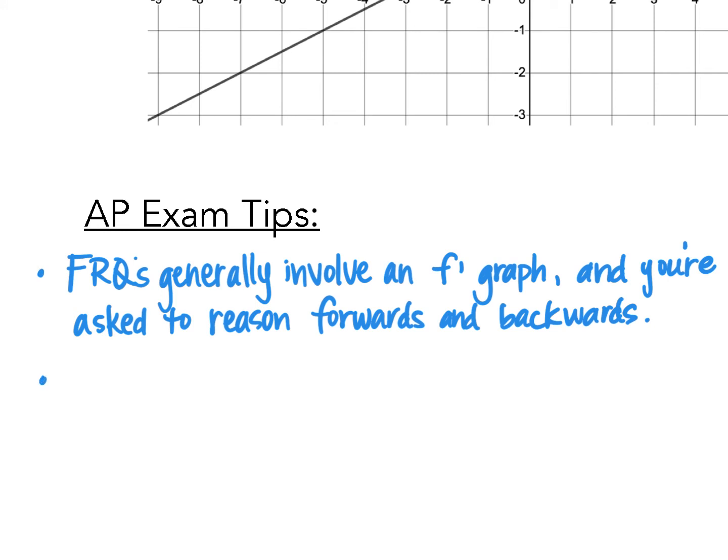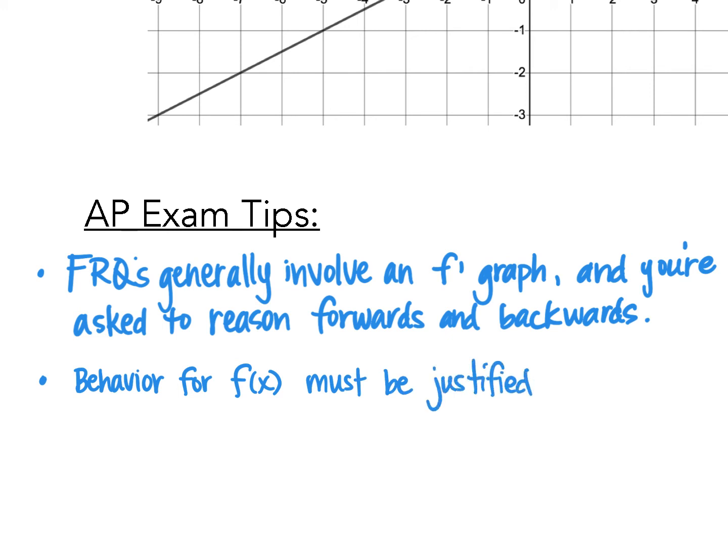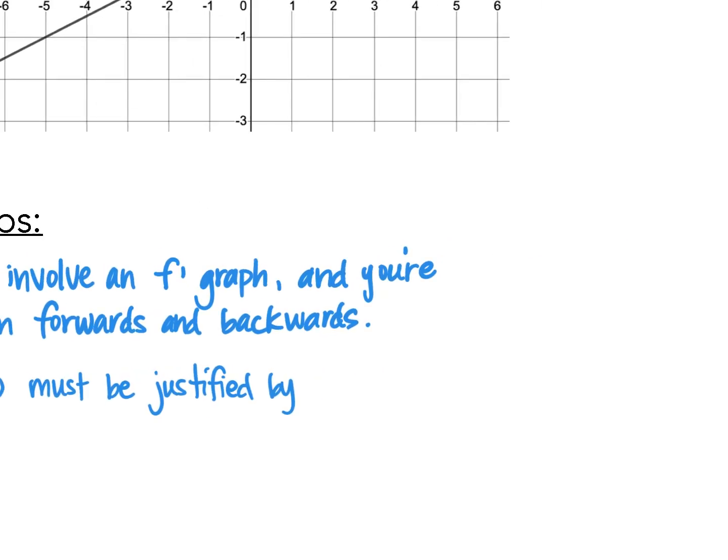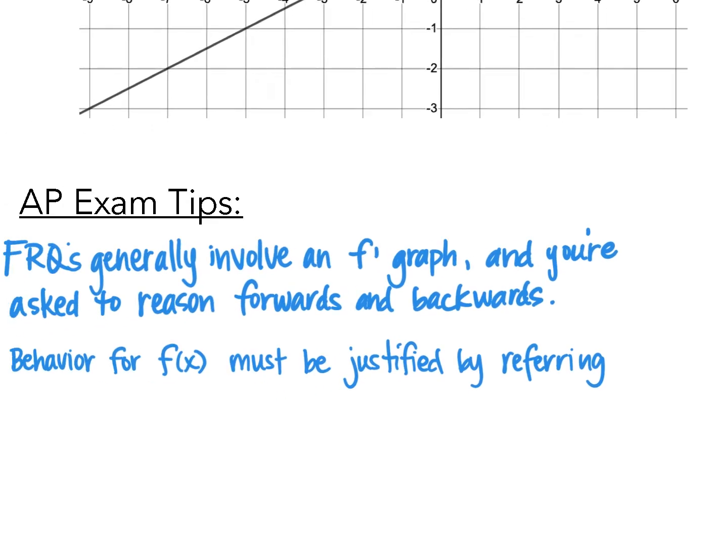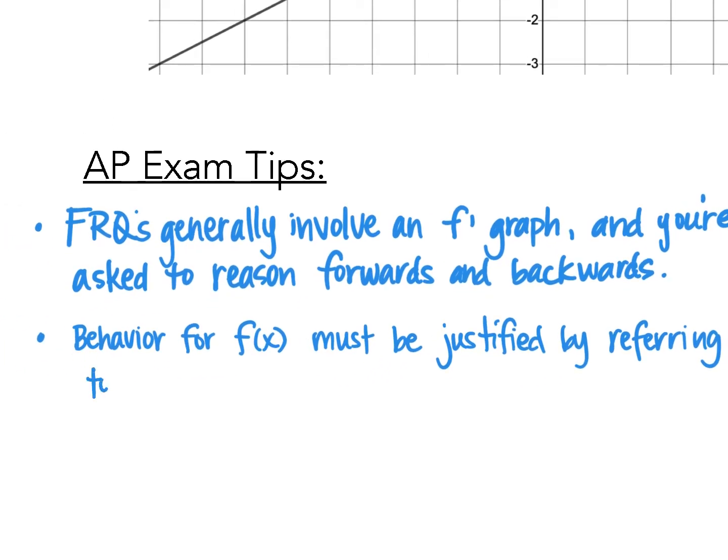So tip number 2, that behavior for f of x must be justified by referring to behavior of the other two. So of the first derivative or the second derivative.